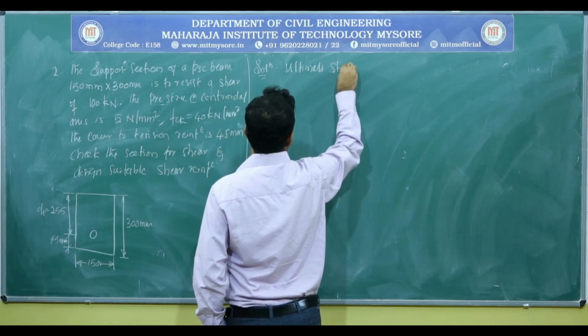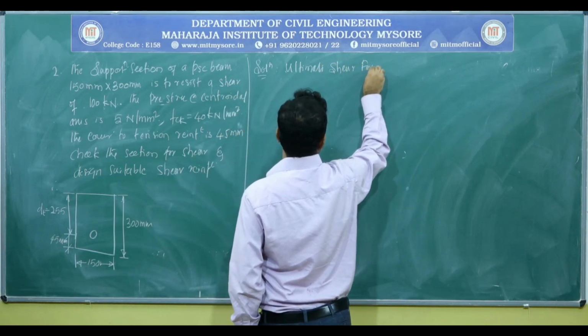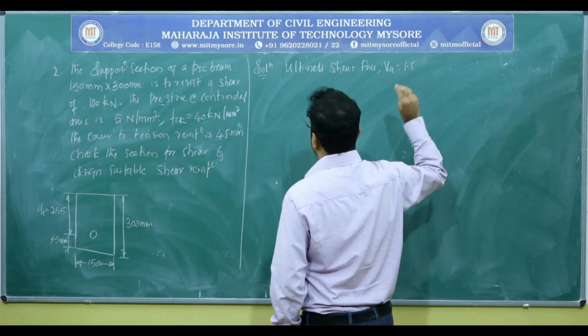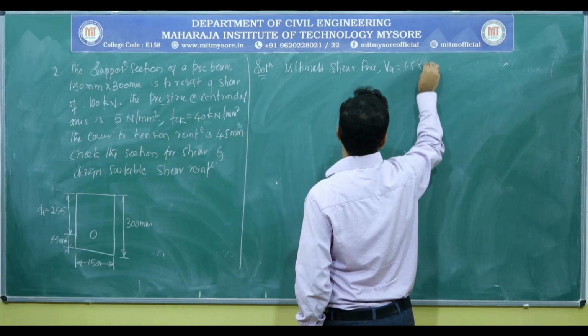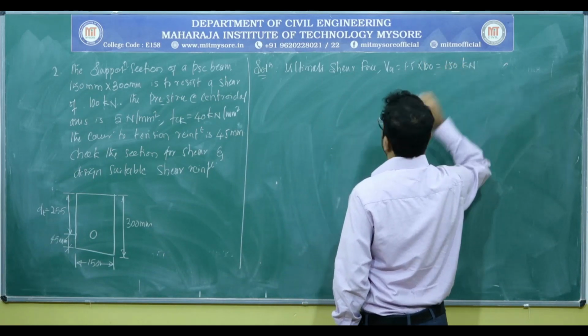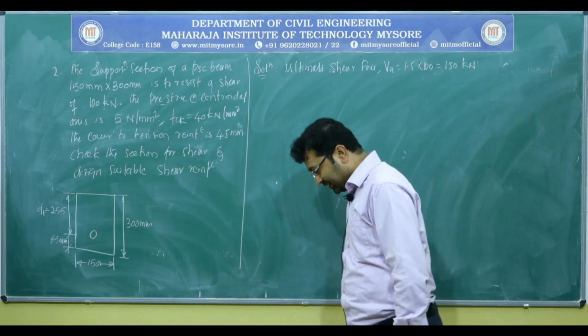Ultimate shear force Vu is equal to 1.5 times 100 kilonewtons, that is 150 kilonewtons, right?